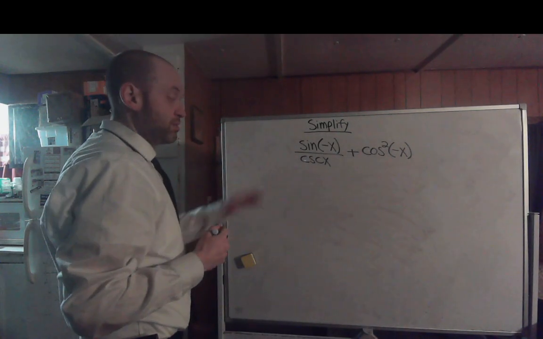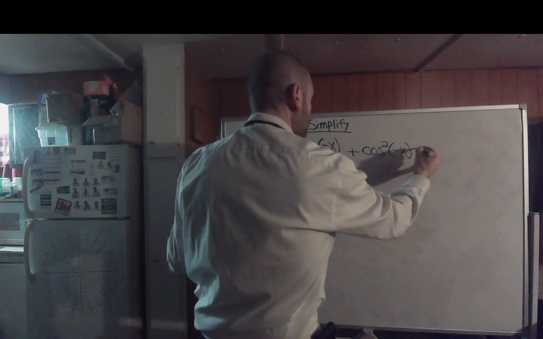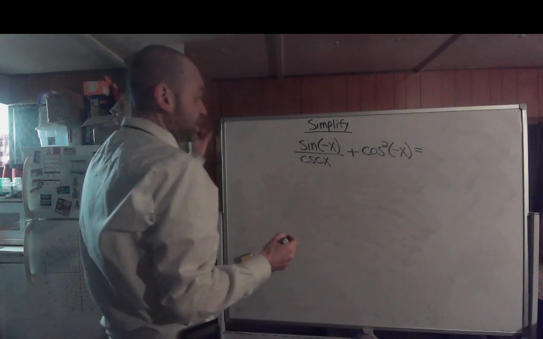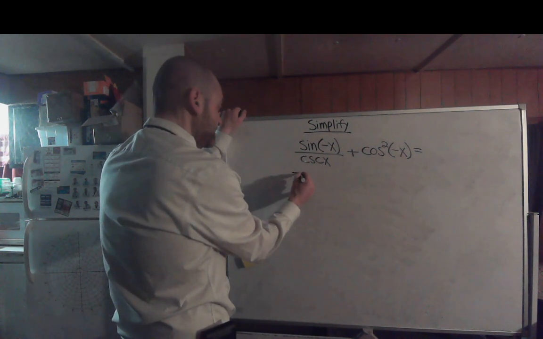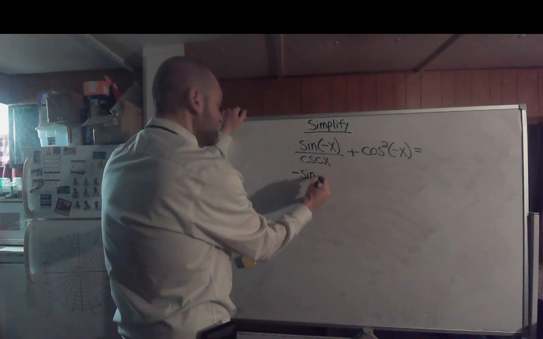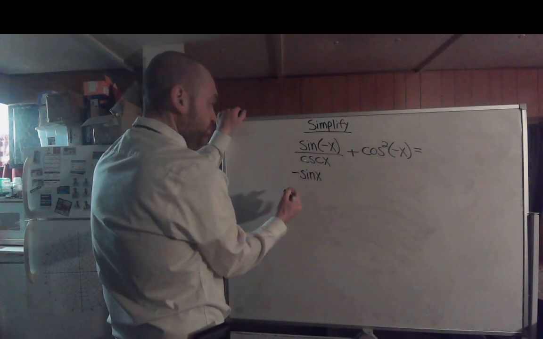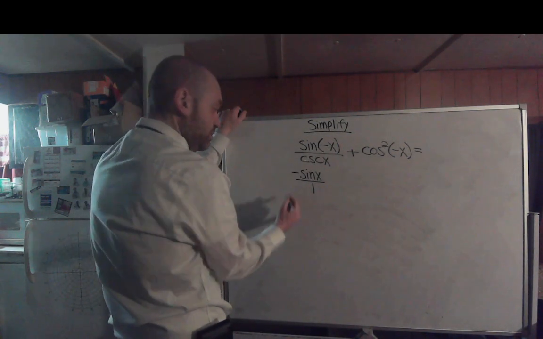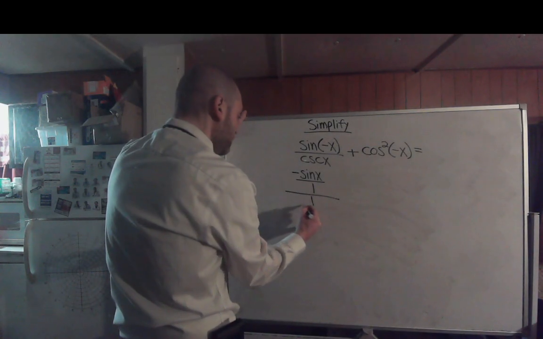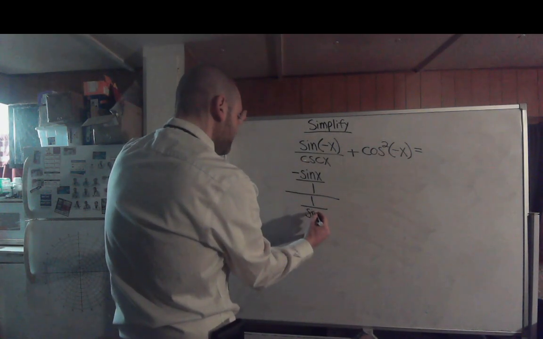How are we going to simplify that? Well, let's look at this here. Sine of negative x, that's the same as the negative of the sine of x. So this will be over 1, negative sine of x over 1. Now, what's the cosecant of x? Well, that's 1 over the sine of x.